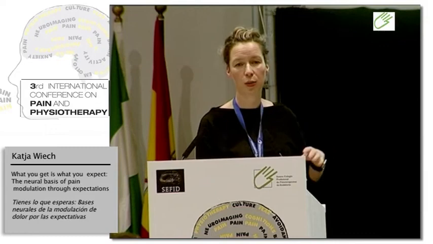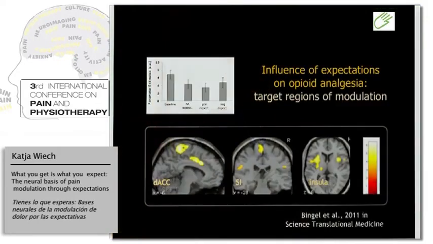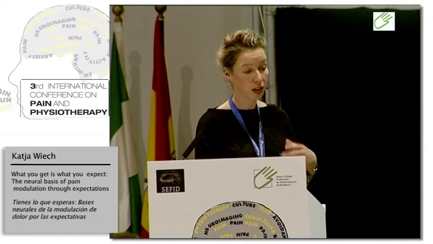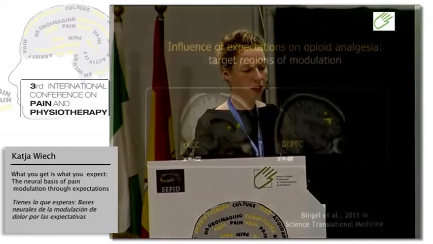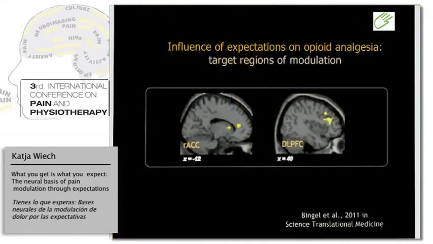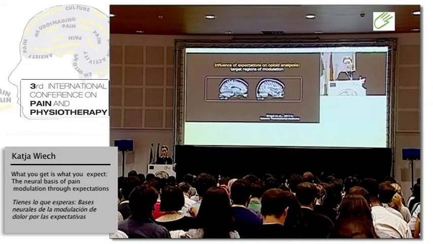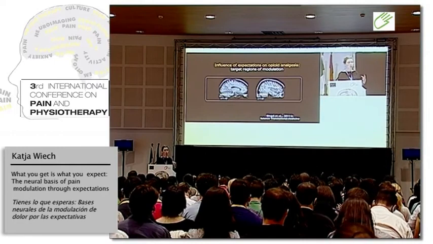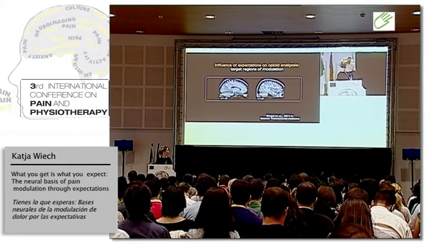All of these classical pain regions followed exactly that pattern. Plus, we could also work out who was orchestrating that. So these are the regions that start the modulation, and these are classical regions we see in placebo analgesia, for instance. So they would initiate this modulation and drive the top-down influence of expectations.